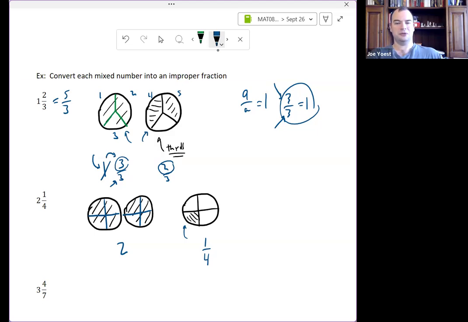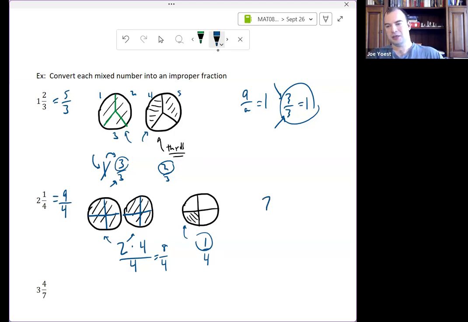How many of these 1/4 slices do I have? Well, I have 2 times 4 slices for each pizza. Or this is 8/4. 2 is the same as 8/4. And then I tack another 1/4 onto it. I have 9 slices, each of which is 1/4 of a pizza.